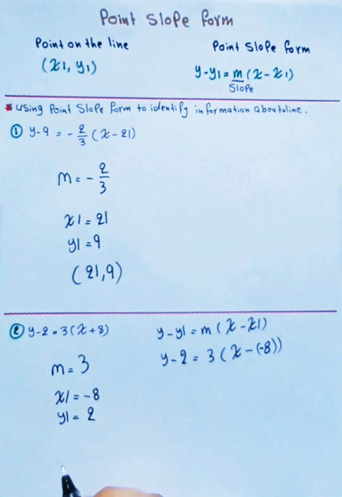So the point on the line is (negative 8, 2). So the line defined by y minus 2 equal to 3, x plus 8 has slope 3 and passes through the point (negative 8, 2).